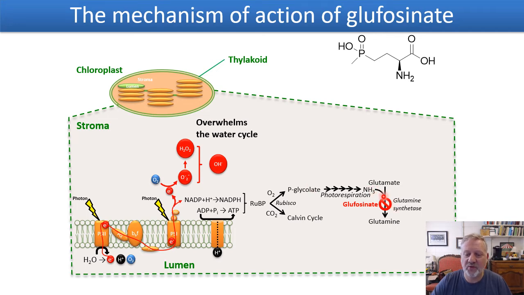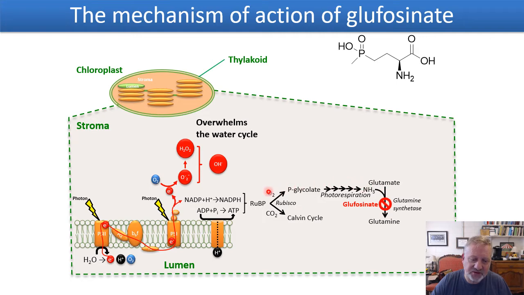And so when glufosinate inhibits glutamine synthetase at this step, there's a backup of these precursors, and that actually backs up photosynthesis, the Z scheme we talked about with photosystem 2 and photosystem 1 inhibitors.